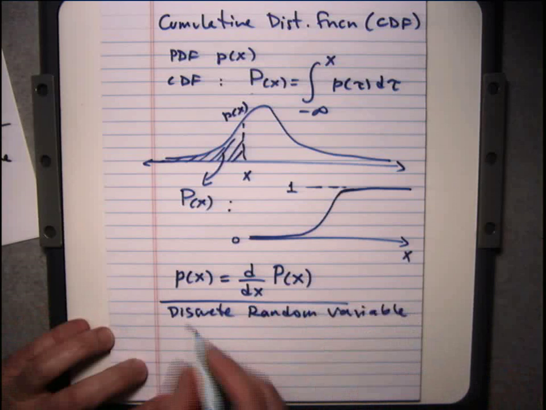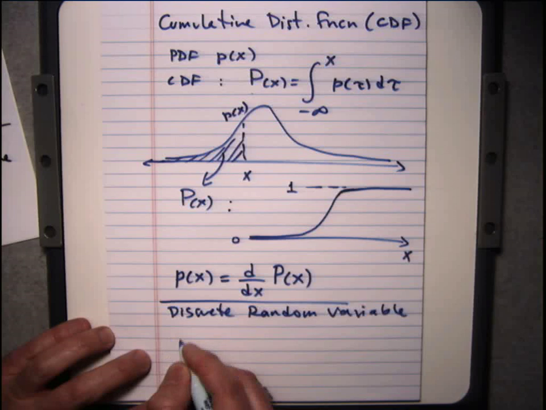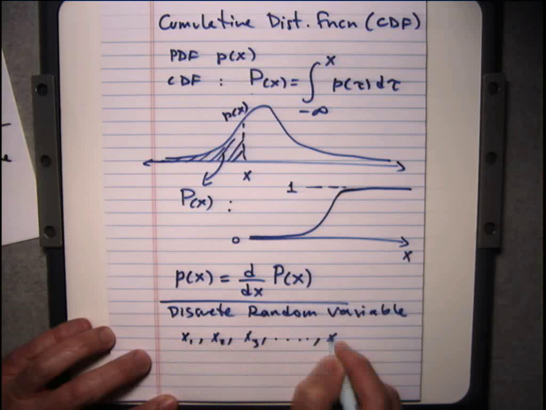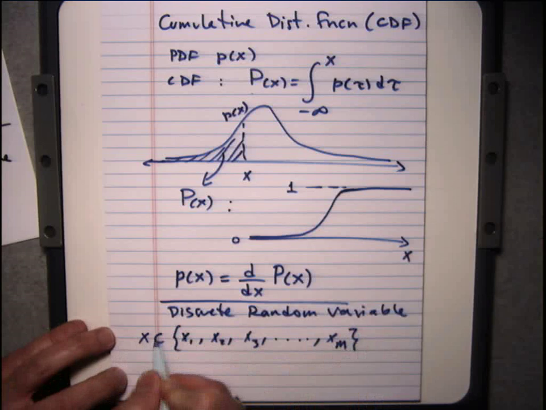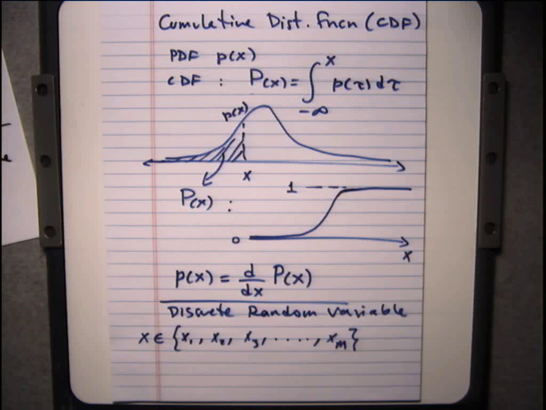So for instance, you might have a discrete random variable which can take only values x1, x2, x3, say up to xm. So instead of x going from minus infinity to infinity across the real numbers, suppose I restrict the range of x to go from minus 10 to 10 and take on only integer values. So you can have minus 10, minus 9, minus 8, all the way to 7, 8, 9, 10. There's only a finite number of values there.